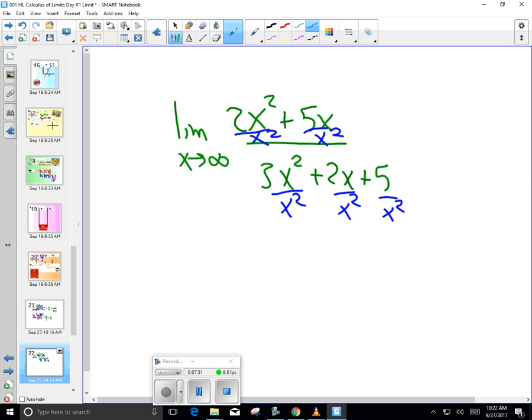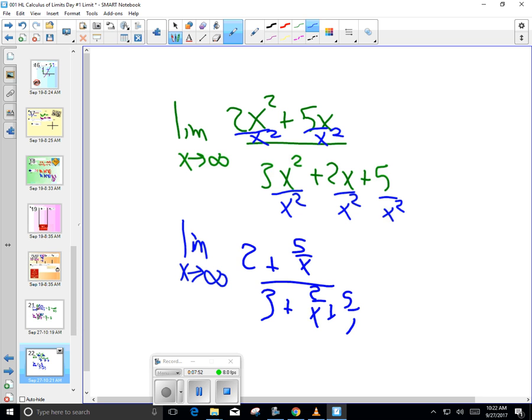It's like multiplying by 1, right? Yes. So this is the same as the limit as x approaches infinity. 2x squared over x squared is 2. 5x over x squared is 5 over x. 3x squared over x squared is 3. 2x over x squared is 2 over x. And 5 over x squared is 5 over x squared.